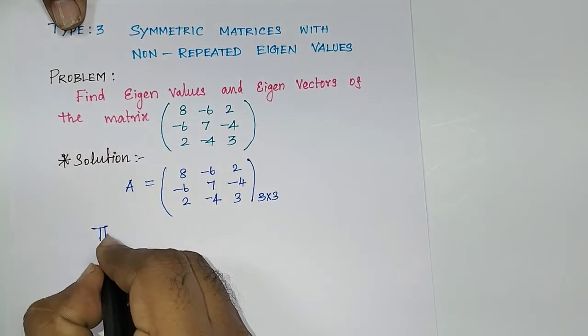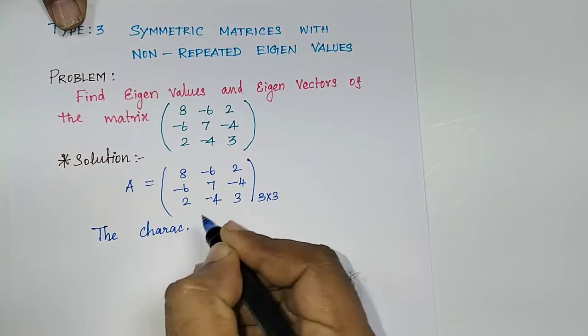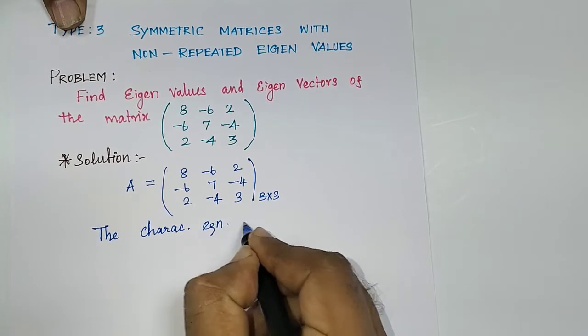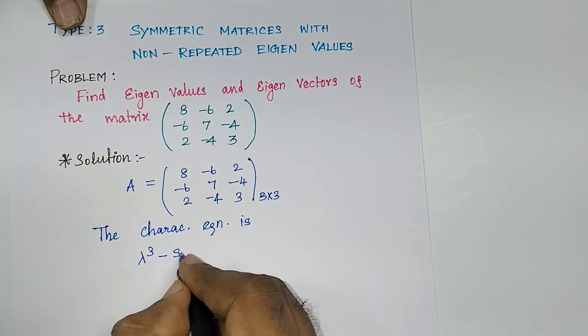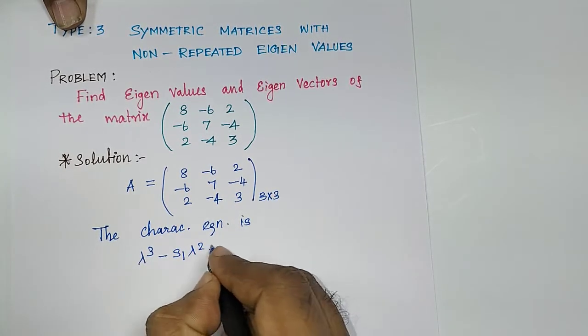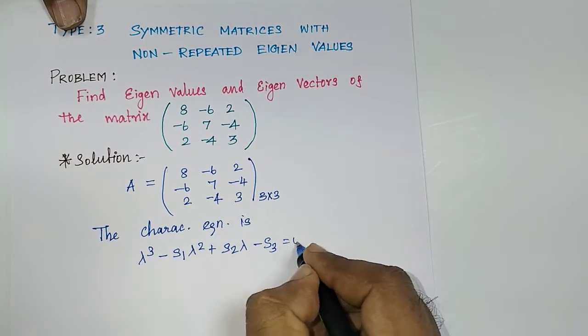First I'm going to form the characteristic equation. Since it is 3 by 3, we take the characteristic equation also in the 3 by 3 model: lambda cube minus S1 lambda square plus S2 lambda minus S3 equal to 0.